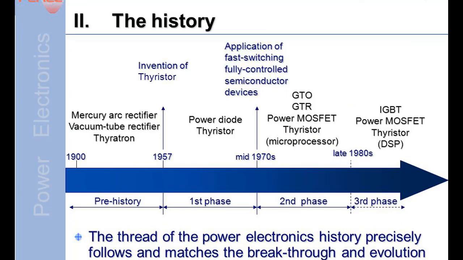The history. Prehistory: mercury arc rectifier, vacuum tube rectifier, thyratron, around 1900. First phase: the invention of the thyristor in 1957, power diode, thyristor. Second phase: mid-1970s, GTO, GTR, power MOSFET. Third phase: late 1980s, application of fast-switching fully controlled semiconductor devices, IGBT, power MOSFET, microprocessor, DSP.